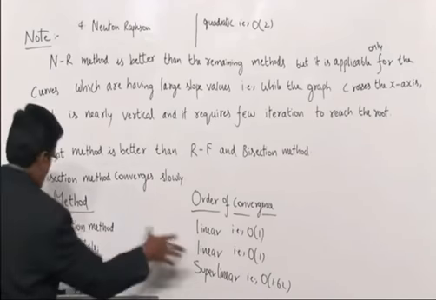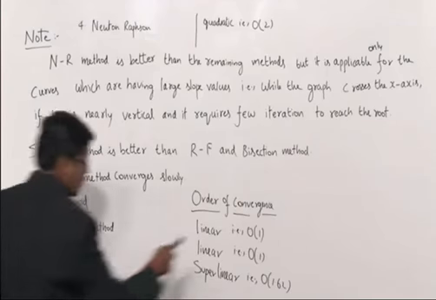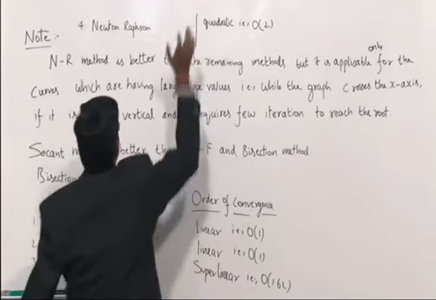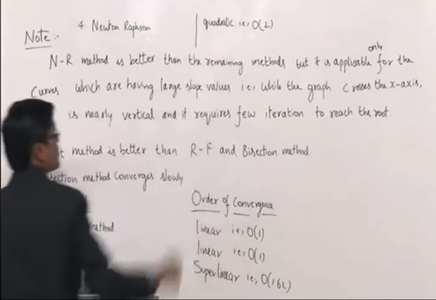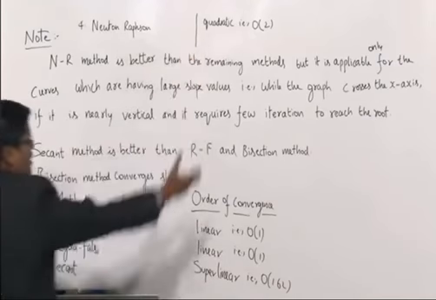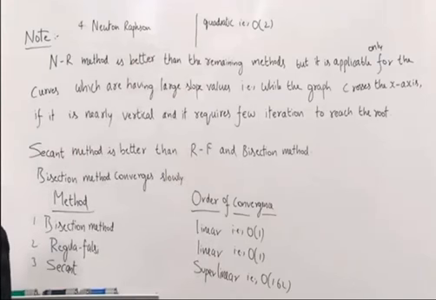So please remember the order of convergence in the 4 methods, that is 1 mark questions. So far the questions came on secant method order of convergence and Newton-Raphson convergence. So that is why Newton-Raphson method is faster than the other methods. Order of convergence is fast in Newton-Raphson method.